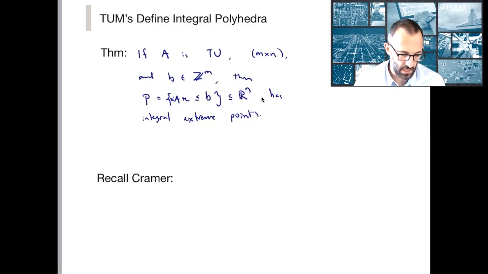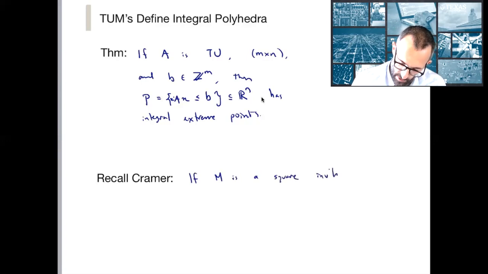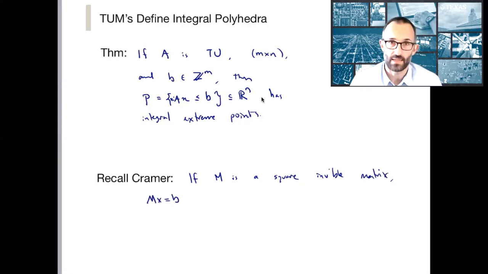So recall Cramer's rule, which says that if M is a square and invertible matrix, then the equation Mx equals b has a solution, namely x equals M inverse b, and it can be computed as follows.